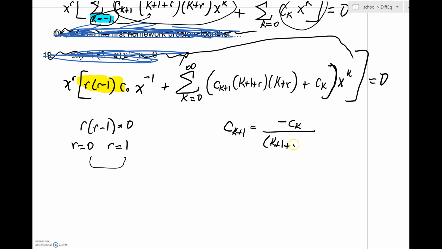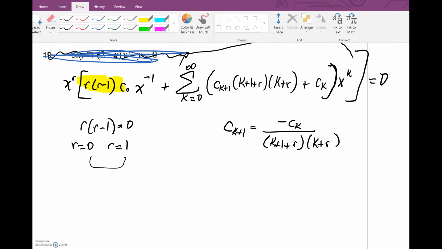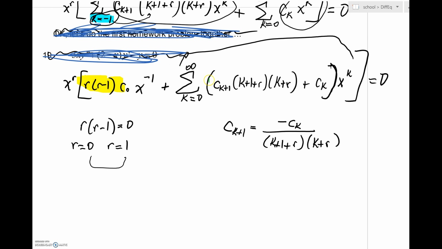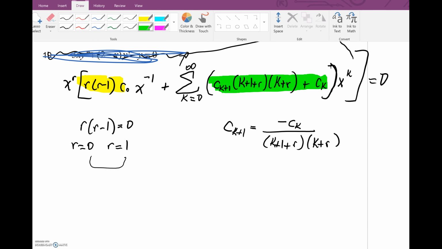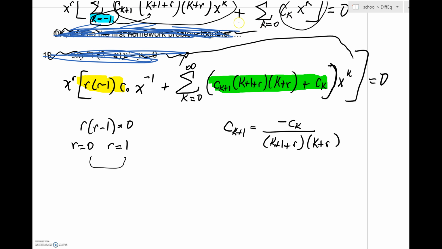If we were to get c sub k plus 1 by itself, knowing that what we've got right here, all of it, has to be 0, solving for the higher ordered subscript, in other words, subtracting a c sub k, dividing by whatever's multiplied to c sub k plus 1, you quickly will arrive at this.